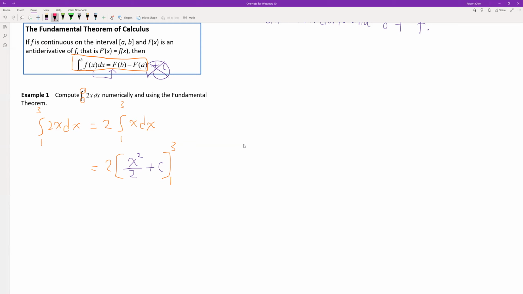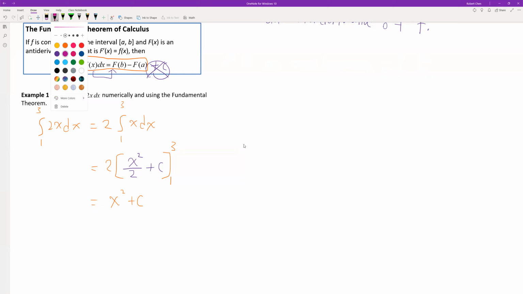So what we're going to do now is distribute the 2 back in. 2 times x squared over 2, we get x squared. And 2 times c, that's 2c. But remember, c is a constant, so 2 times c is just some other constant. To make it a little simpler, we're just going to keep writing it as c.